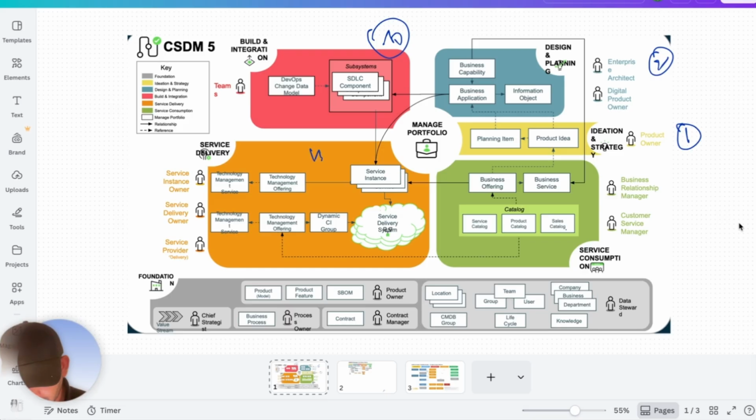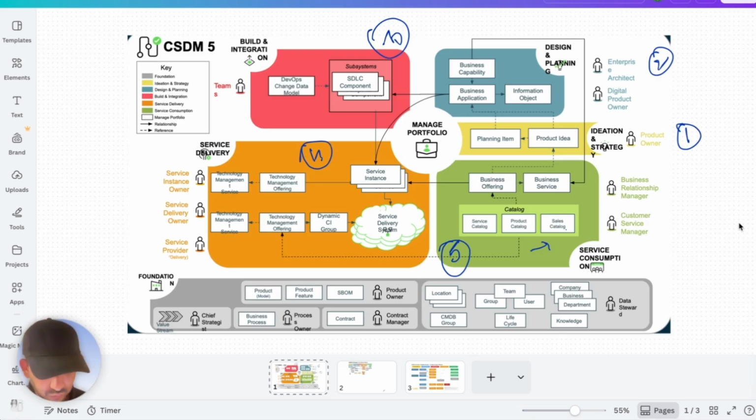And the fourth part is the service delivery, where you connect to different technology management offerings and CIs to deliver the service that you have built. And then finally is the distribution, using catalogs, sales catalog or business offering.